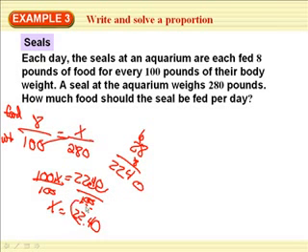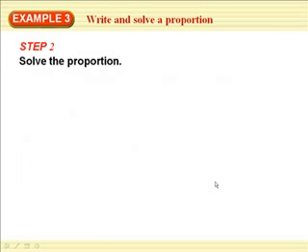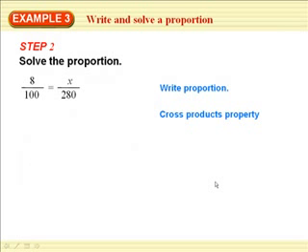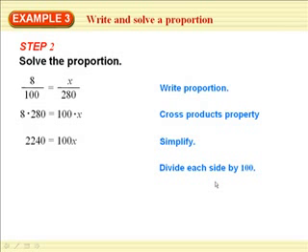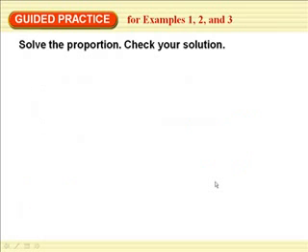They get 22.4 pounds of food. There's my proportion. There's the solving, the cross products, which is what we did. Hopefully I did my math right. There it is, 22.4 pounds per day.